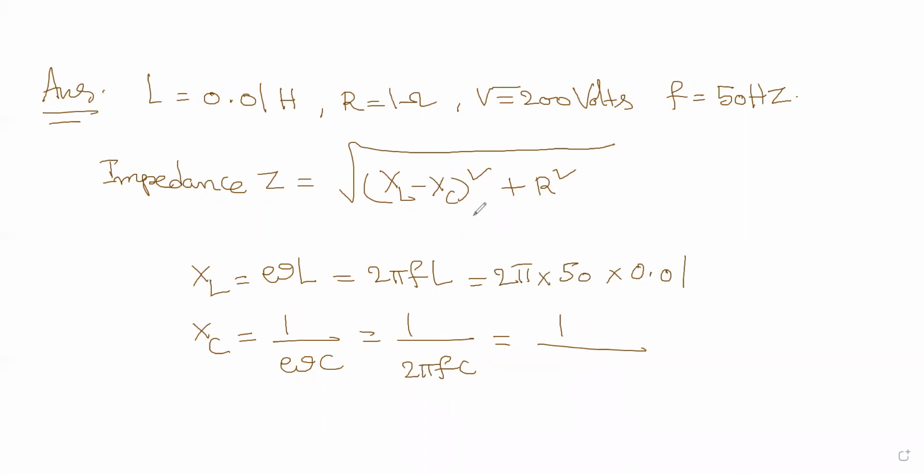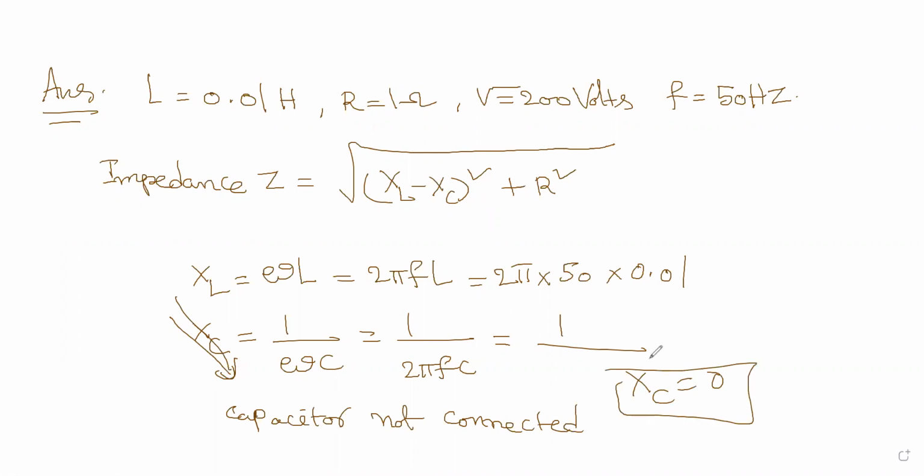So someone said, where is the capacitor? Capacitor is not connected at all. So the capacitance part is 0. You don't have a capacitor, so XC is not given. Since it is not connected, you can take XC as 0.